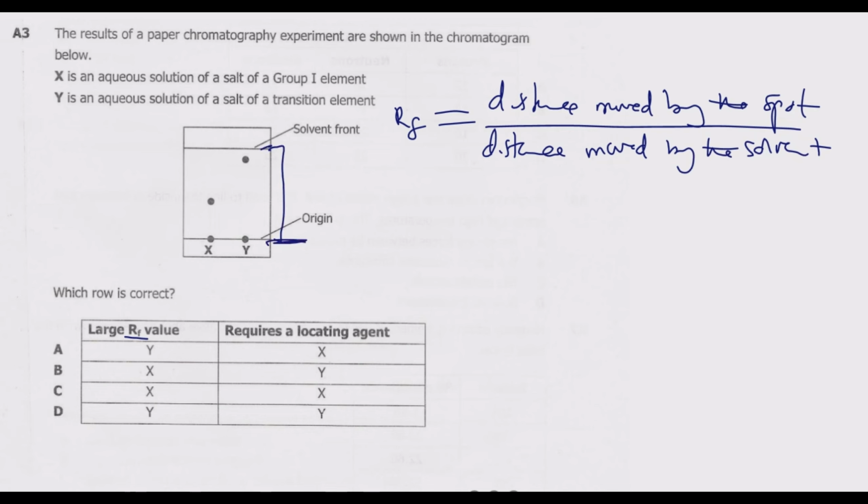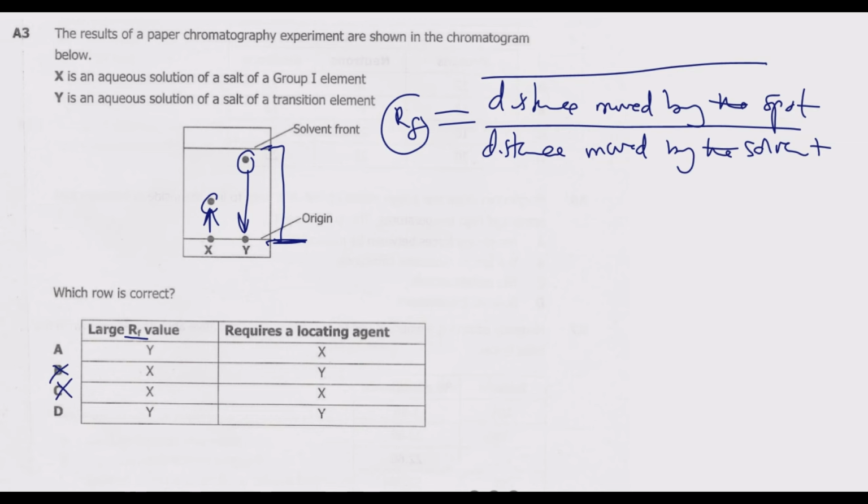Then if you see Y, this is the spot, this is the distance. If you put it on top here, it will be greater than if you use this distance. So the one with the large retention factor would be basically Y. So anything with X is out.